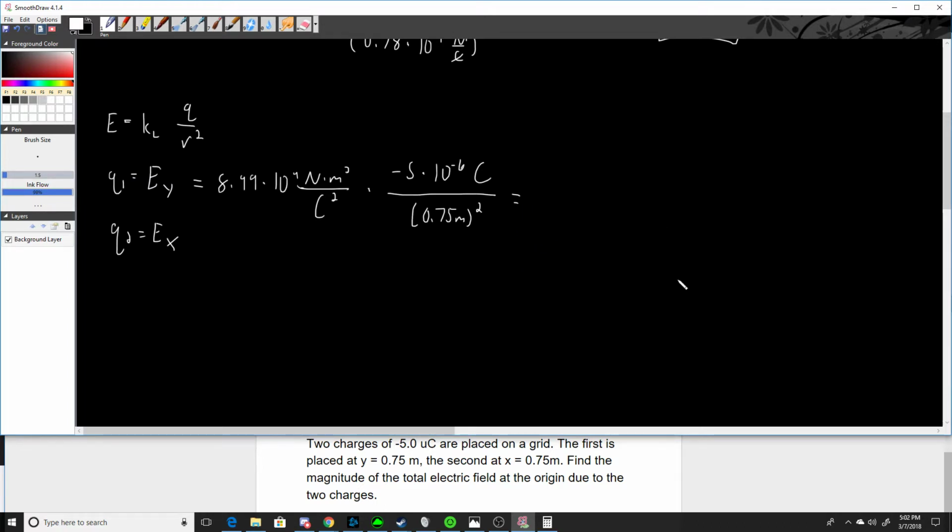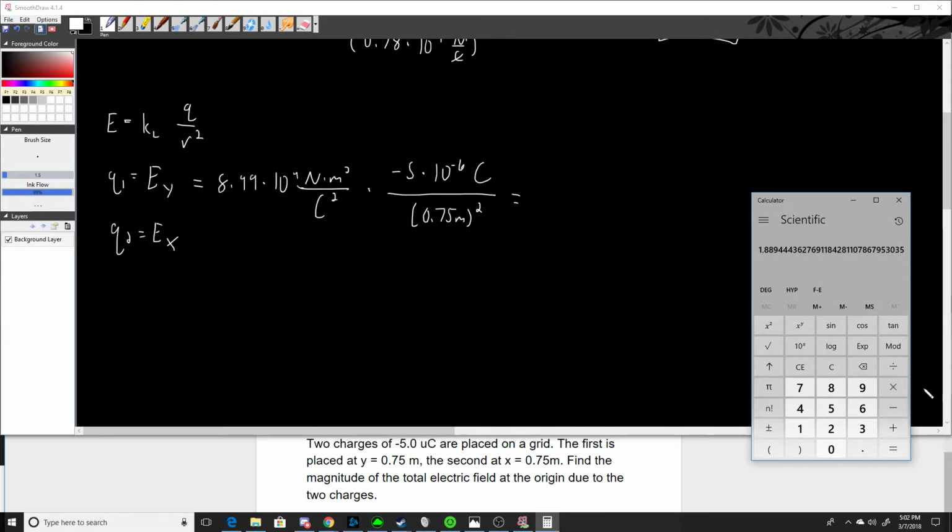So let me get the calculator back out. 8.99 times 10 to the ninth times negative 5 times 10 to the negative 6, divided by 0.75 squared.